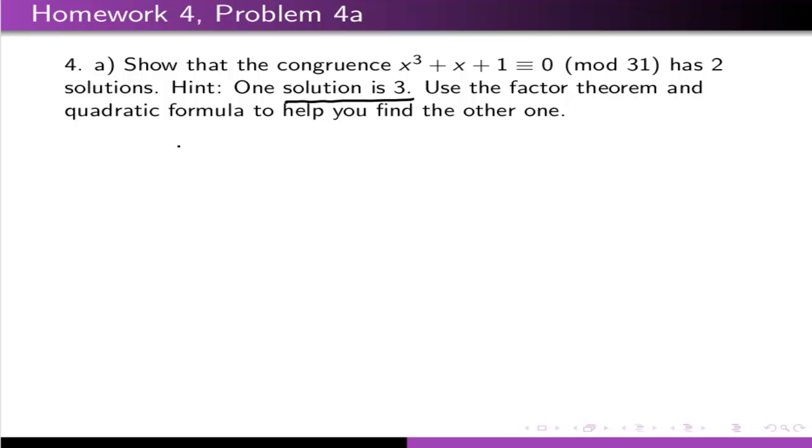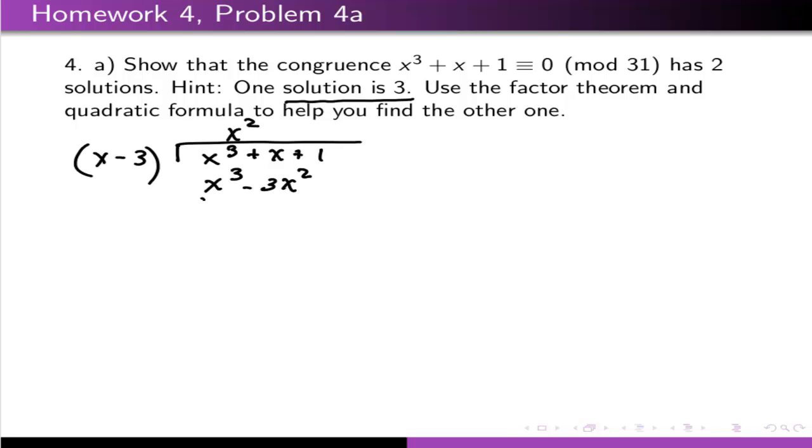And so now just use long division, factor this out, and you should come up with a quadratic up here. Just standard long division. Keep in mind that you're working in the mod 31 field, etc., etc.